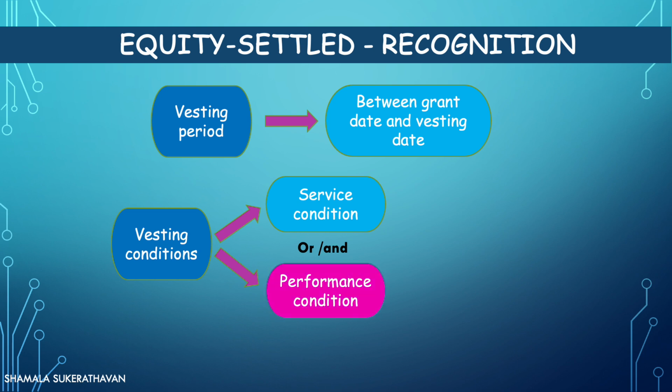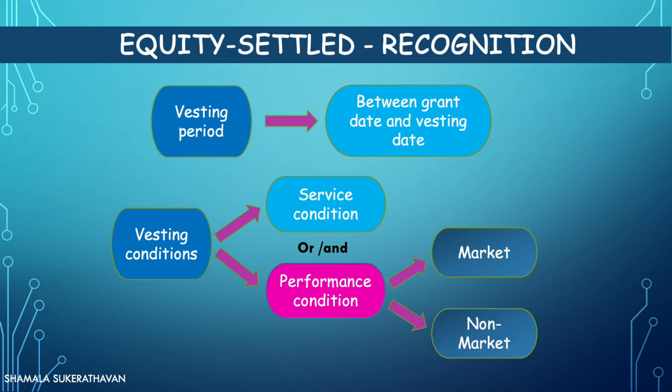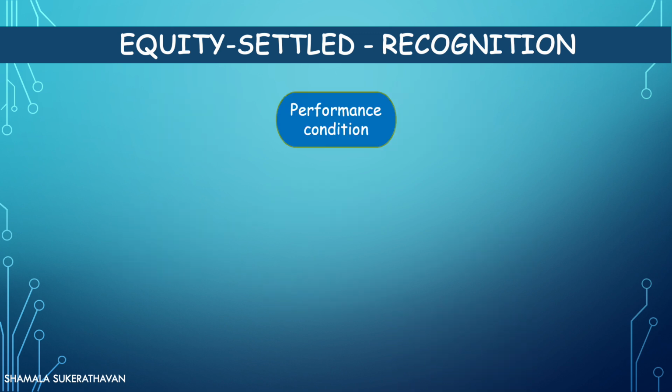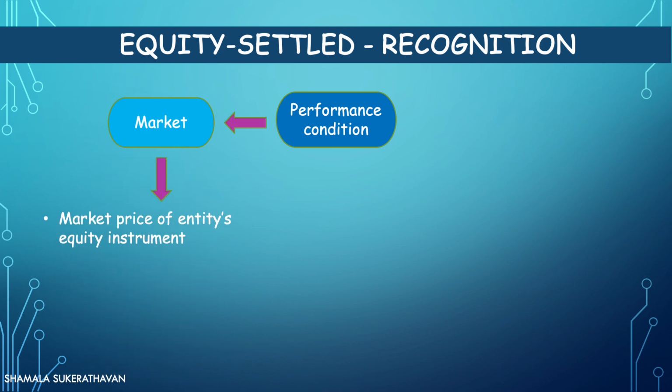Performance conditions fall into two categories, that is either market conditions or non-market conditions. IFRS 2 defines market condition as one related to the market price of an entity's equity instrument.